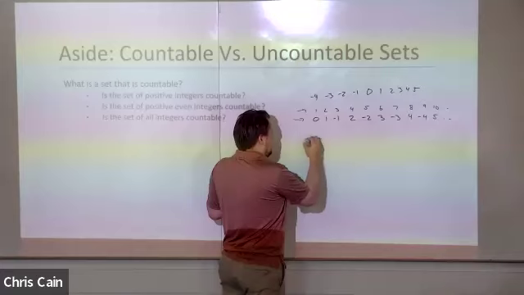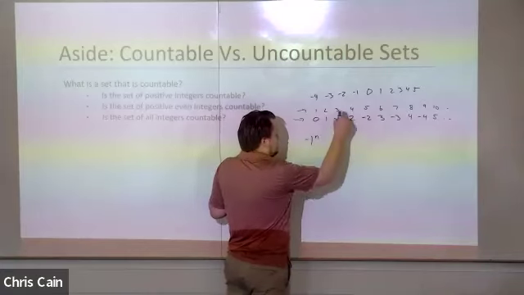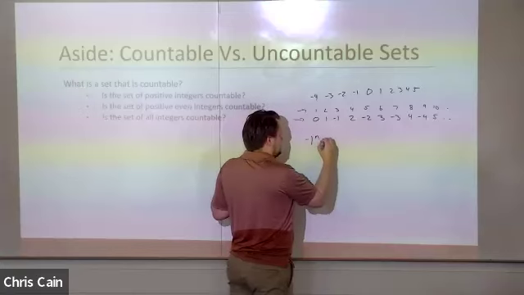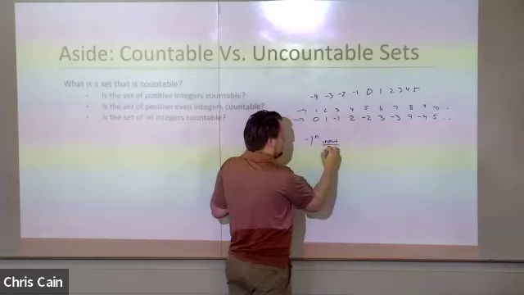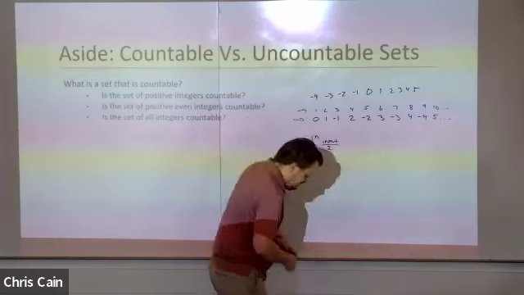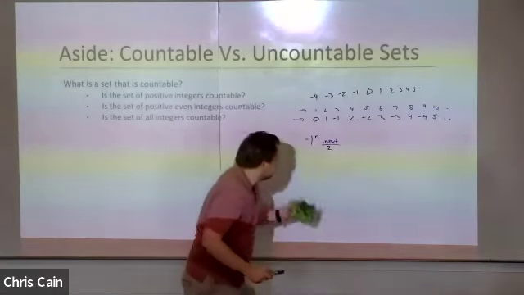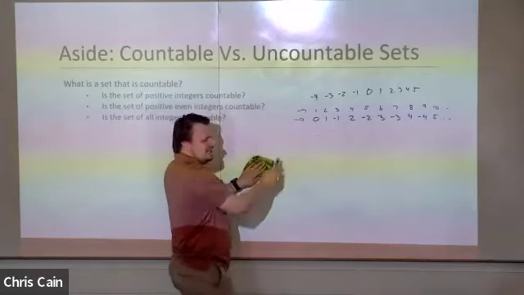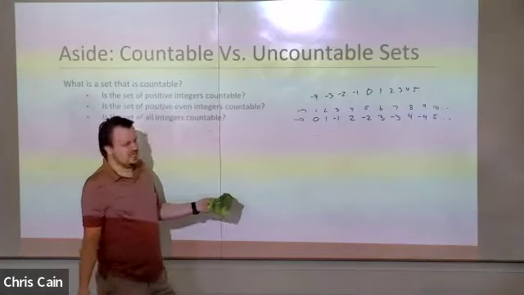So we'd have -1 to the n, and then this is gonna be the input value over 2, integer division, dropped on the floor. So we have a way now to get from this set to this set. This shows that it is also countable.